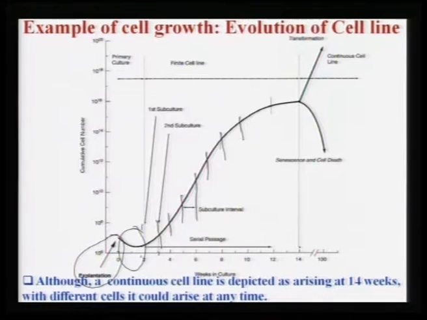Now, each interval can be 1 week or less than a week. After several passages, what you see here is that cumulative cell number increases. Cumulative cell number means once you started with a certain cell number, the total cell number at any given point of time will continuously increase because of the cell passages or subculture stages.